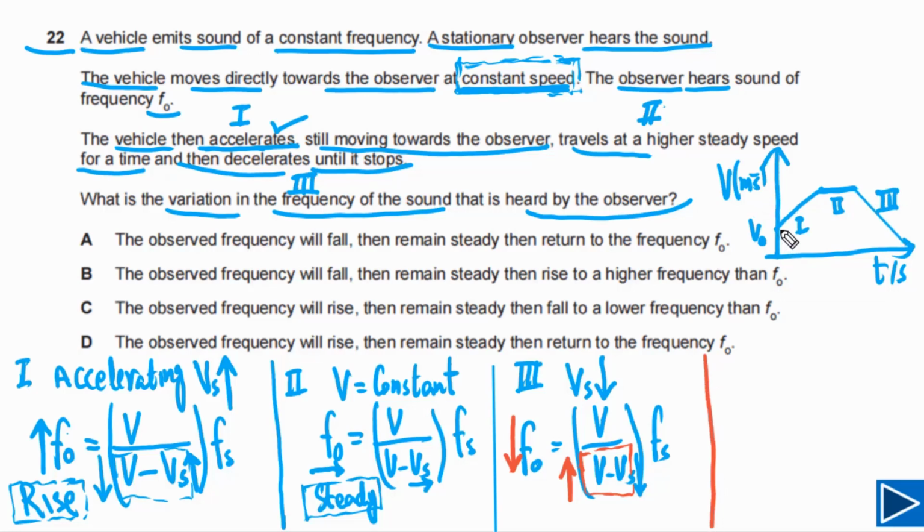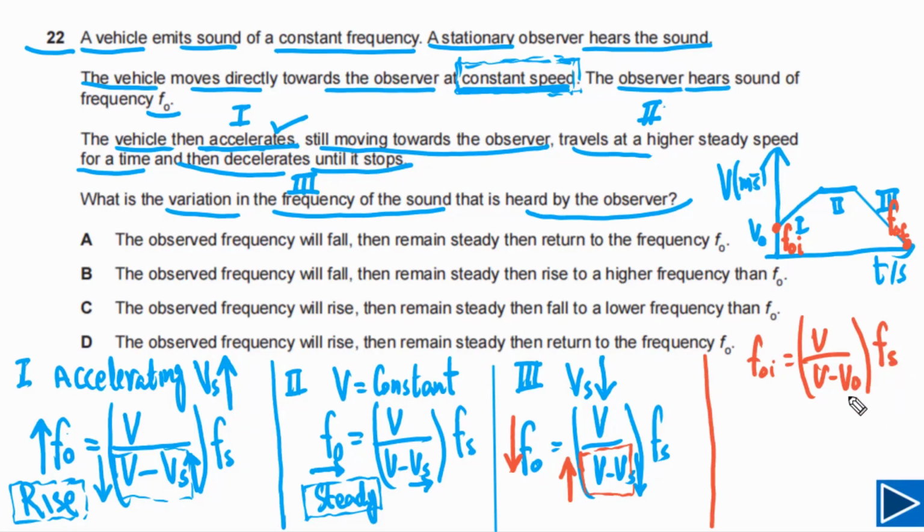Now let's try to compare the frequency observed when the source is moving at speed v0 and the frequency observed when the source is at rest. We will say the frequency observed when the source is moving at speed v0 is f0 i, the initial observed frequency, and the frequency observed when the source is at rest is our final observed frequency. Now, f0 i is equal to v over (v minus v0), where v0 is the speed of the source, multiplied with the frequency of the source.